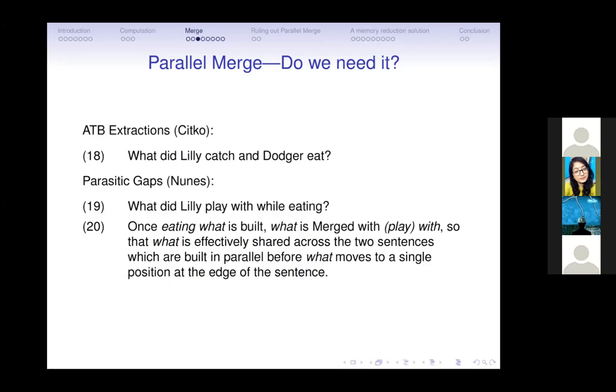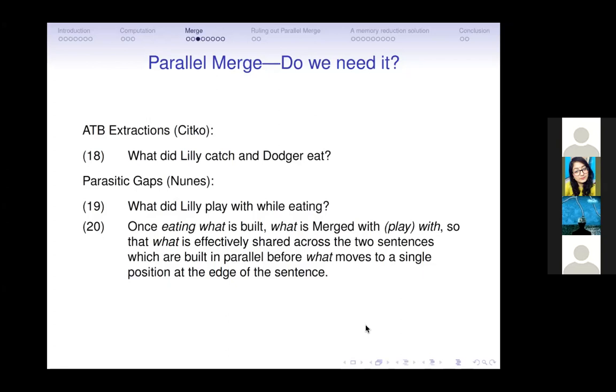Now you can generate these kinds of structures in the following way. You use merge to build eating what. Once you've built that, you can then build something else entirely separately, play with, and then you merge what from eating what with that play with.